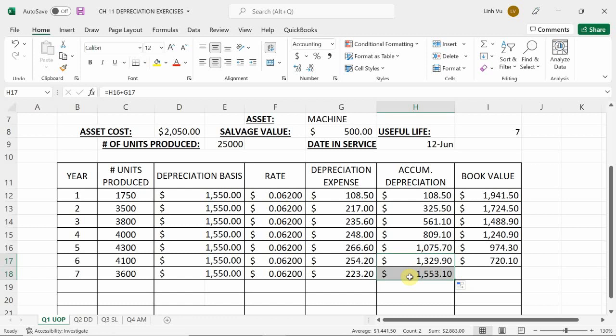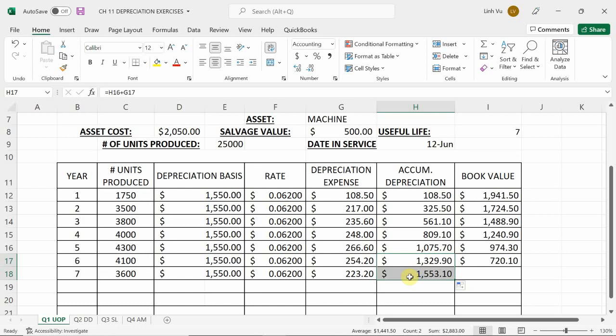We said 1,329.90 add 254.20, correct? 1,329.90 add 254.20.